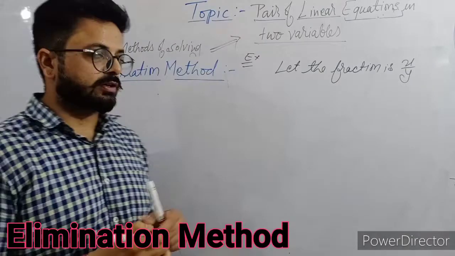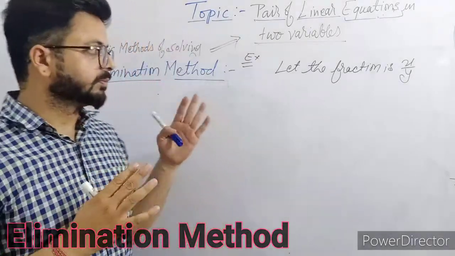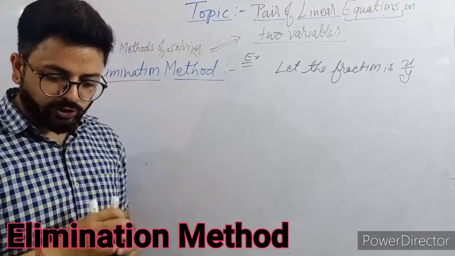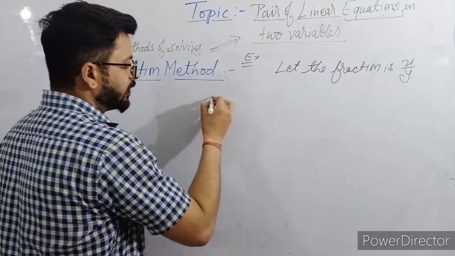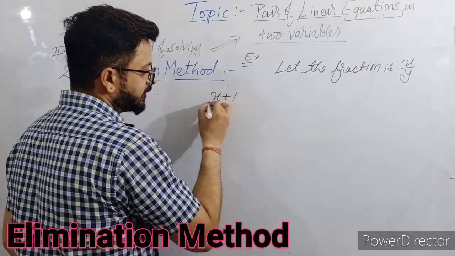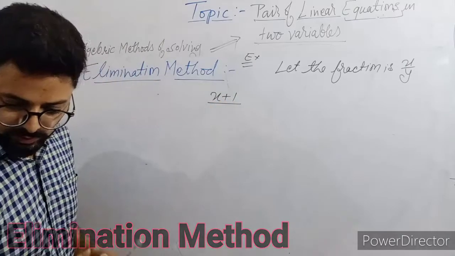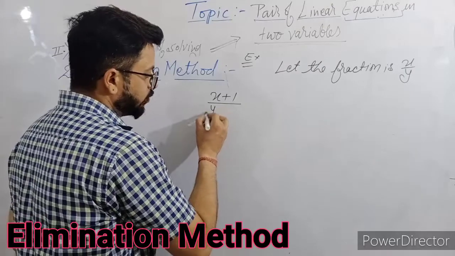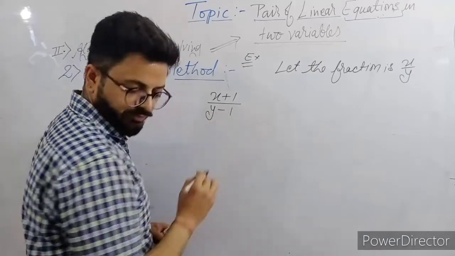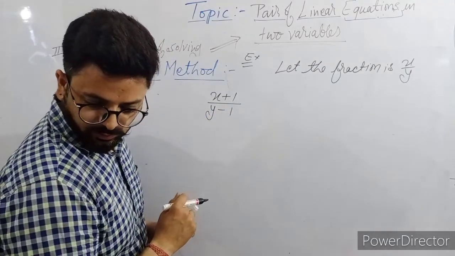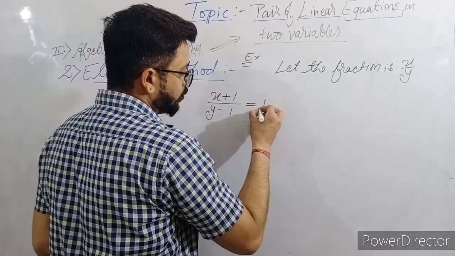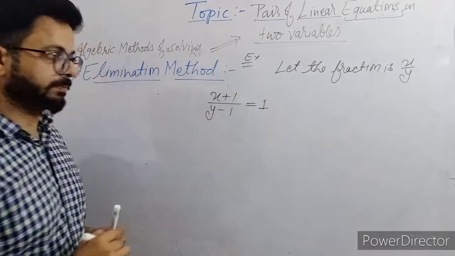Now the question is saying, you concentrate on my words, if we add 1 to the numerator and subtract 1 from the denominator, the fraction is reduced to 1, this fraction becomes 1, the first condition.